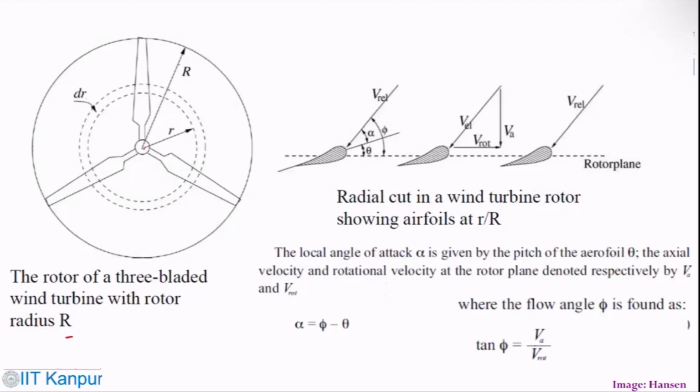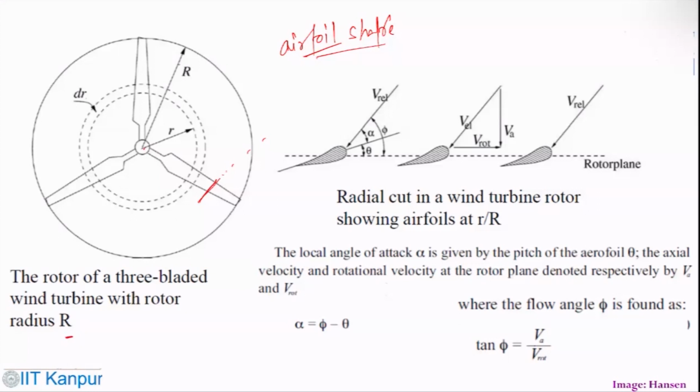Any cut section of the blade has an airfoil kind of shape. These airfoils are of different kinds; some of them can be used for wind turbine operation, some of them are not.